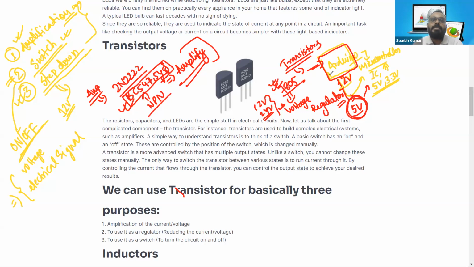So the transistor is used for these purposes: first is amplification, second is as a switch, and third is to step down the voltage as per our requirement in the electrical circuits.